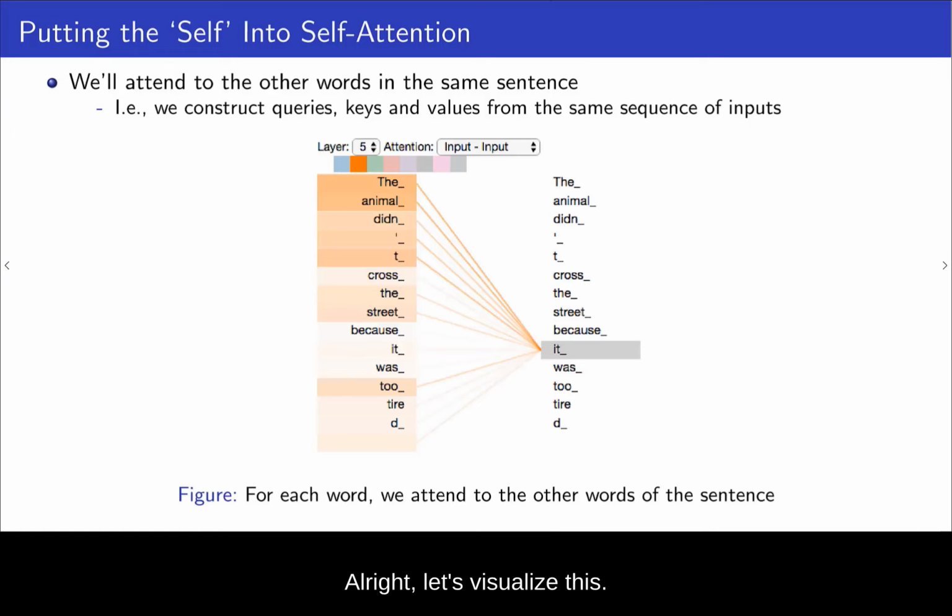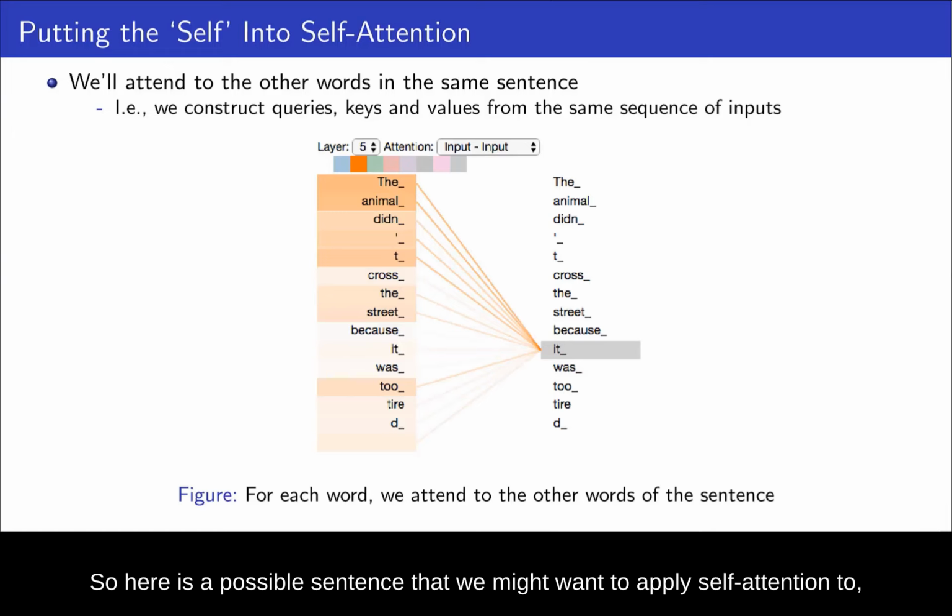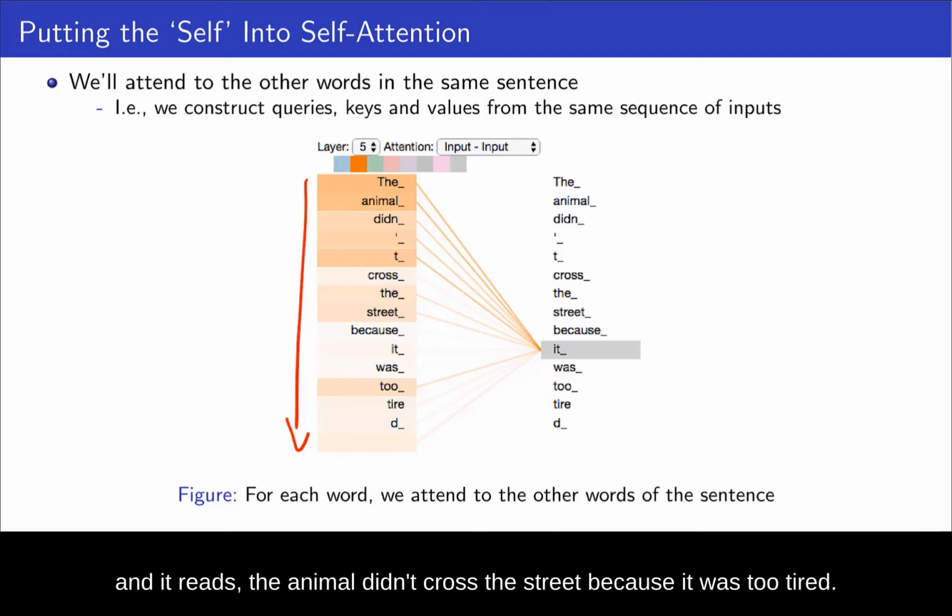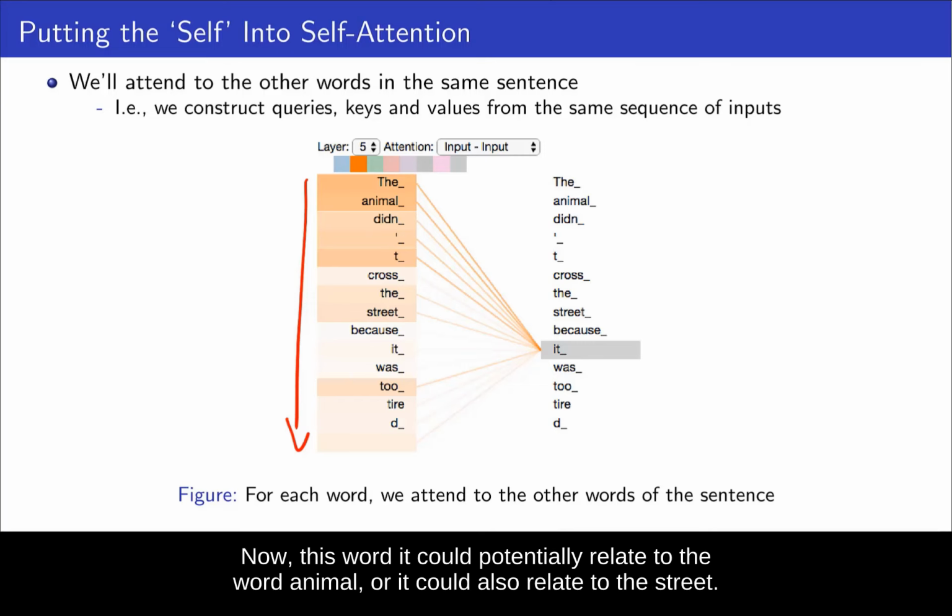All right, let's visualize this. So here is a possible sentence that we might want to apply self-attention to, and it reads, "The animal didn't cross the street because it was too tired." Now, this word "it" could potentially relate to the word animal, or it could also relate to the street.